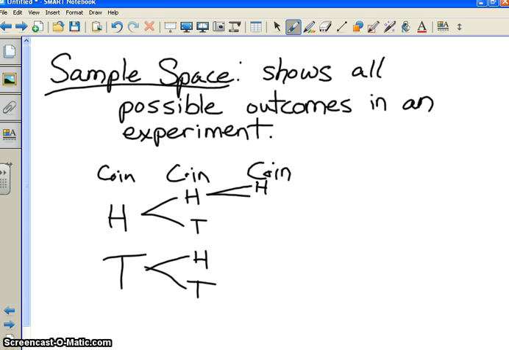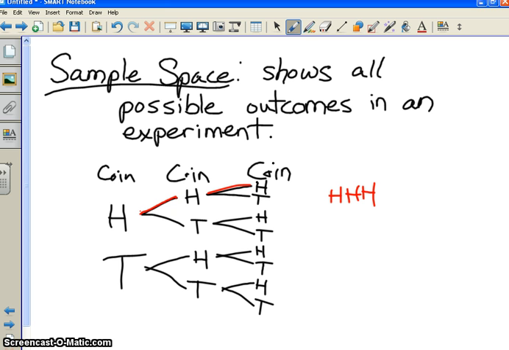Off of each one of those outcomes in the second stage, I could flip heads, tails. So I'm making ourselves a nice little tree diagram here. And then I can count, oh, I've got one outcome which goes heads, heads, heads. I've got another outcome that goes heads, heads, tails.